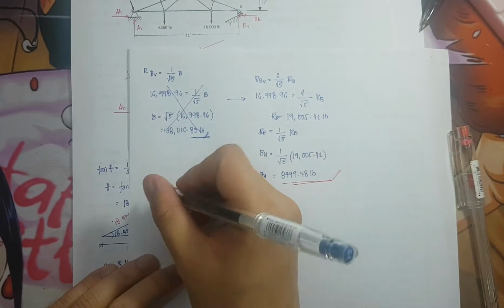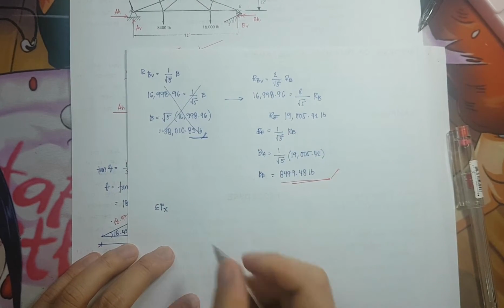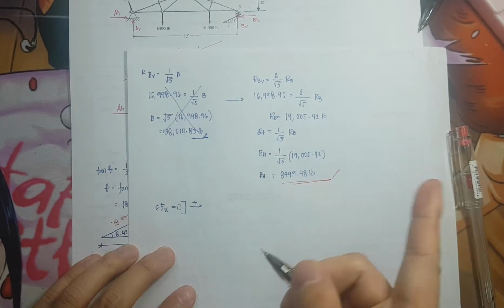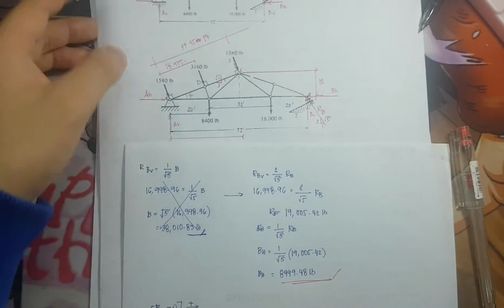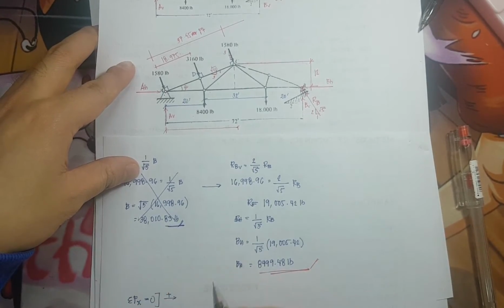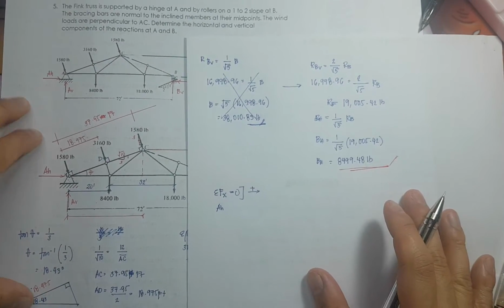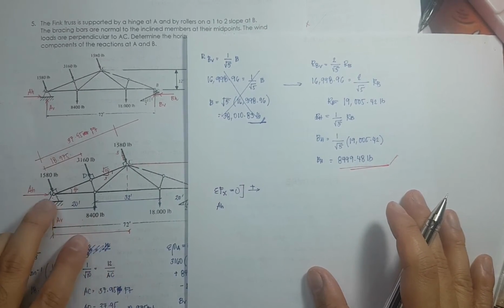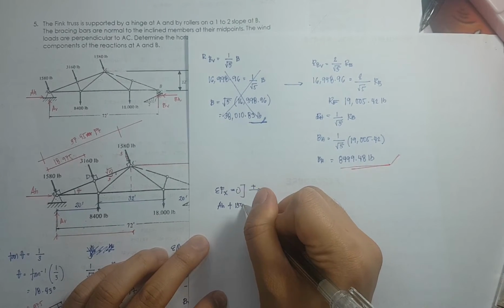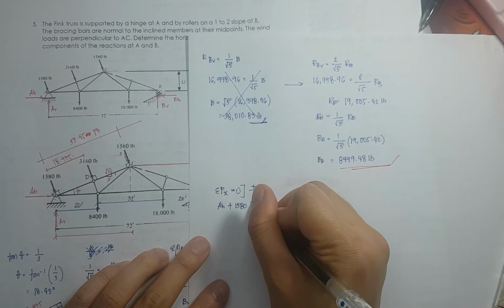Next would be the A horizontal. Okay, so for A horizontal, summation of forces along the x-axis is equivalent to 0. All forces that are pointing to the right should be positive. So what are those forces? So we have here the A horizontal and it is pointing to the right, so it is positive. Next would be 1,580. So plus 1,580.